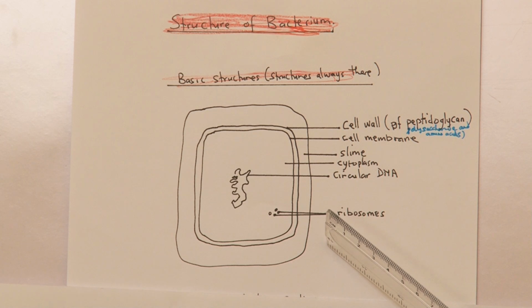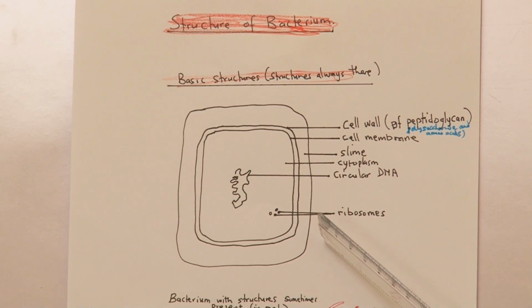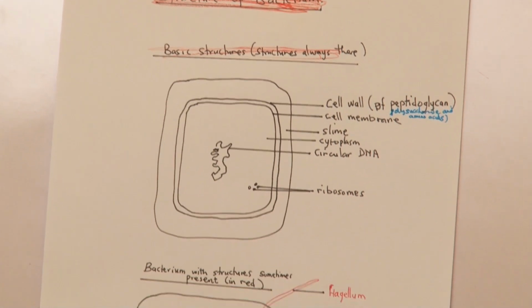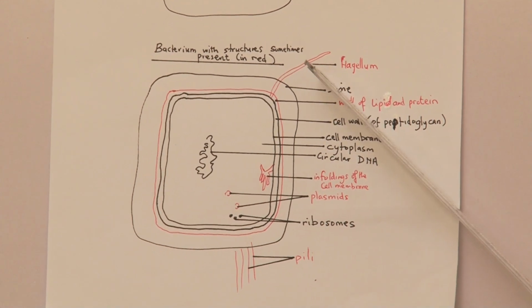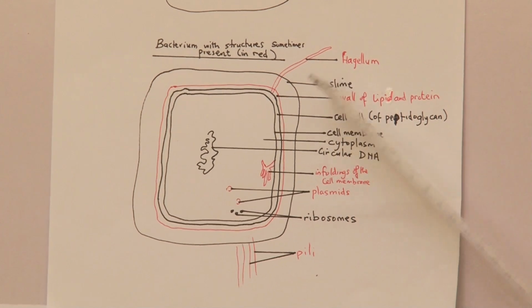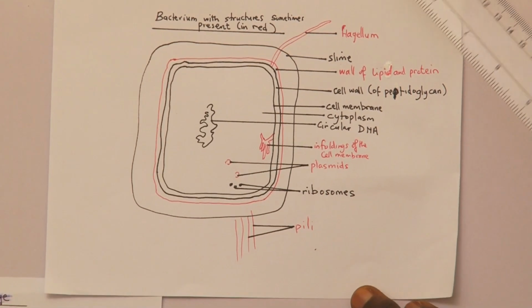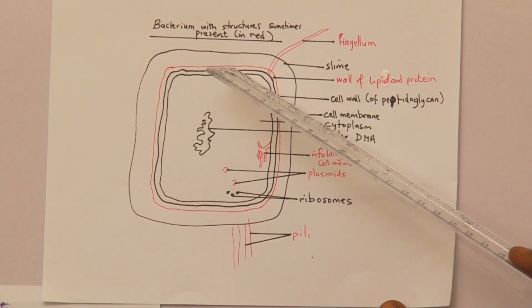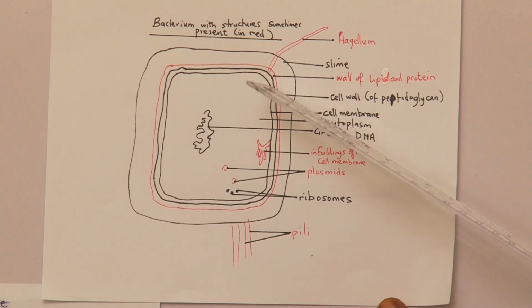All right? But then there are other structures that can be found in bacteria beside the basic ones. And in this, I have made them in red. You see, beside the cell wall of peptidoglycan, it can have an additional wall of lipid and protein.